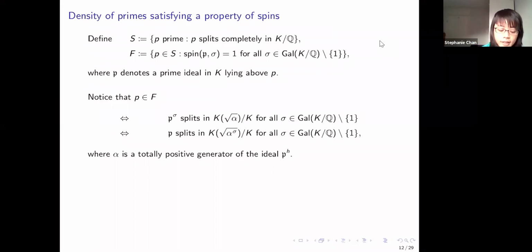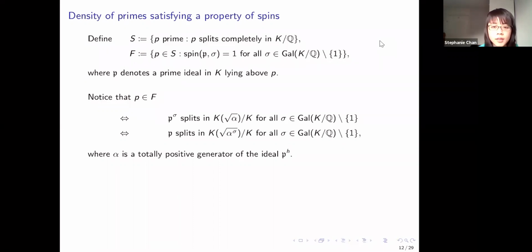We're looking at the density of primes that satisfy this spin condition, that all spins P sigma are 1 for all non-trivial sigma in the Galois group. And we look at the density of this set in the set of primes that split completely in the number field K.